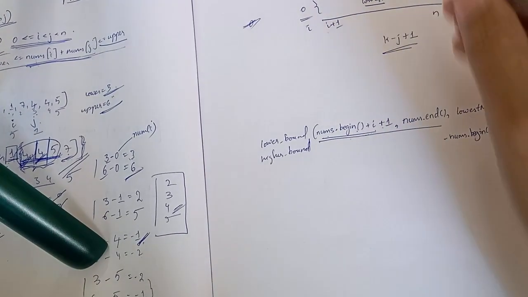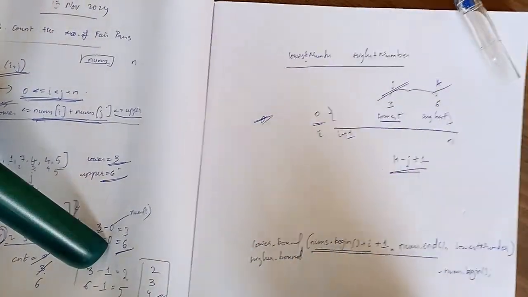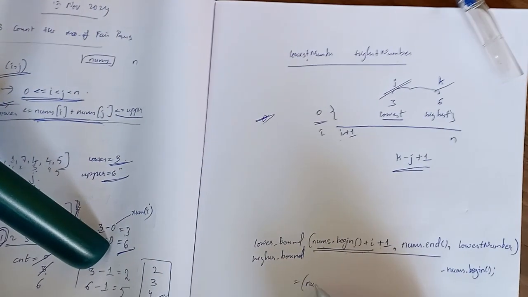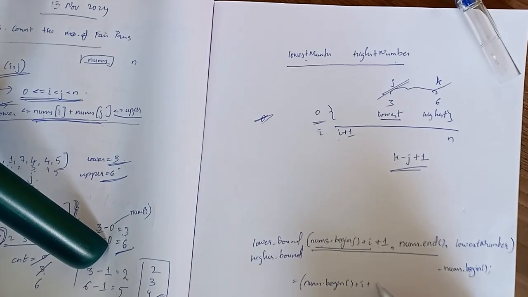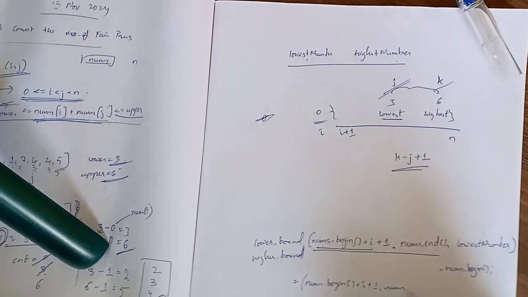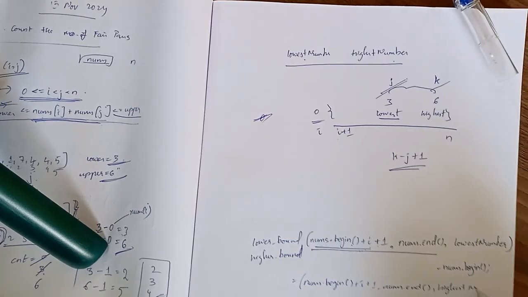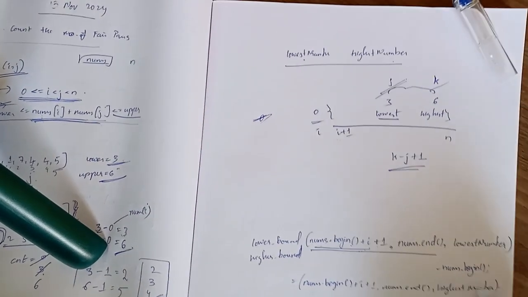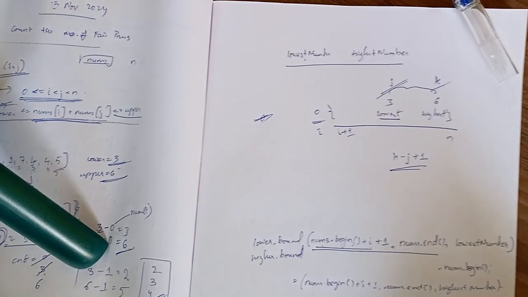This will be the index of the lowest bound, and for the highest bound it is the same as the lowest bound: begin plus I plus 1 comma nums dot end comma highest number minus nums dot begin.